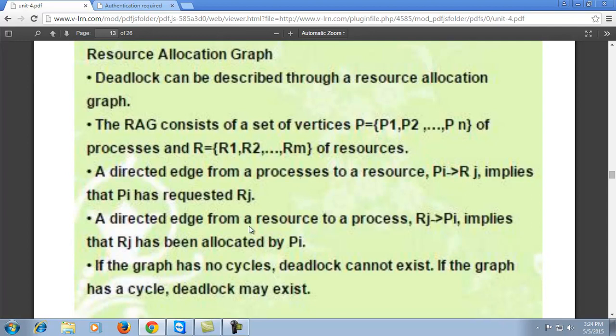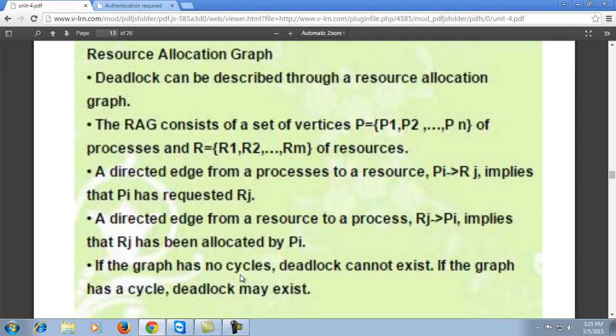A directed edge from a resource to a process implies that Rj has been allocated to Pi, meaning the Rj resource is allocated to Pi. If Pi implies Rj, it means process Pi is requesting the Rj resource.